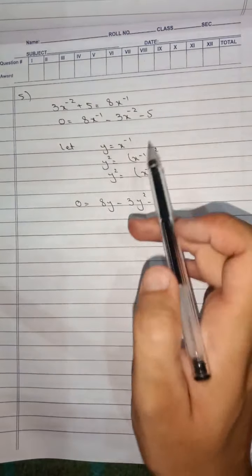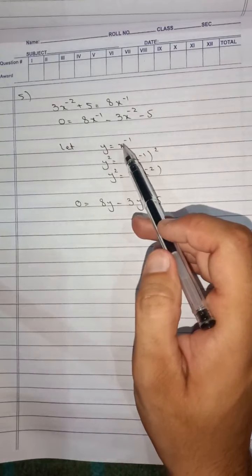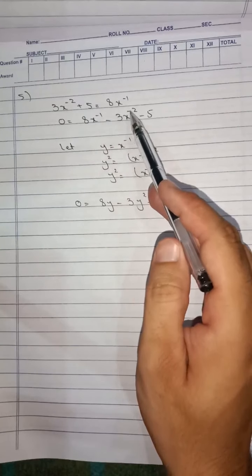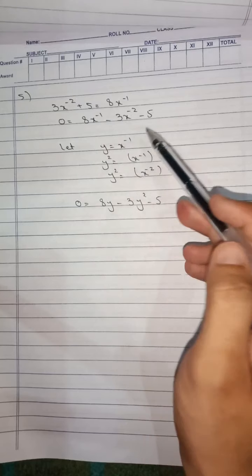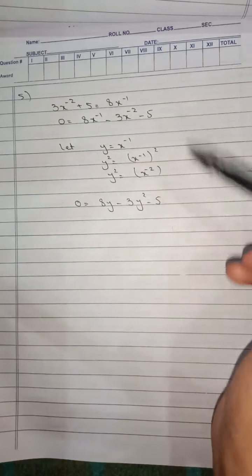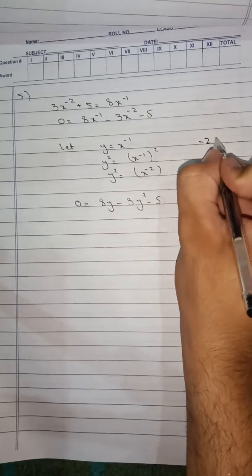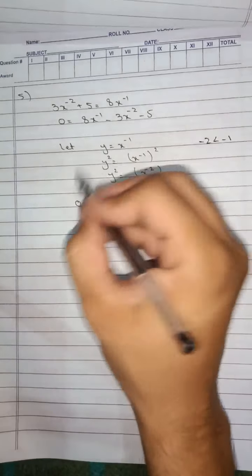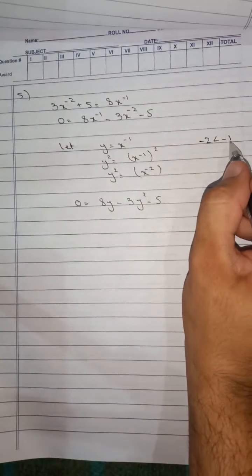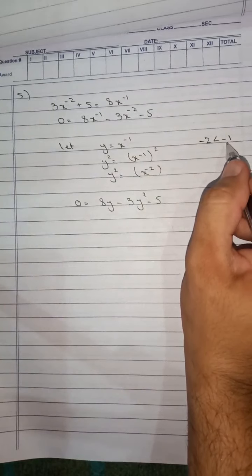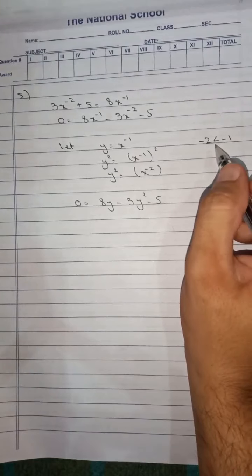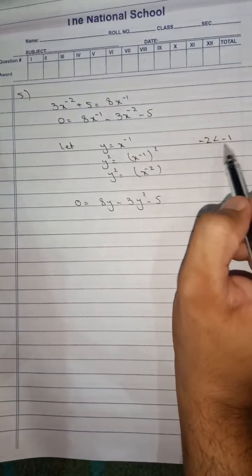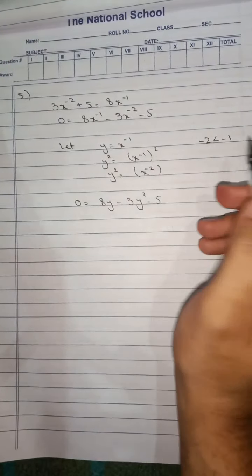So it's not necessary that we always let the smallest power, because minus 2 is smallest and minus 1 is largest. So it's not necessary we always let the smallest power. It's not a condition.